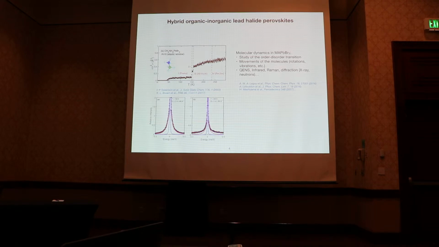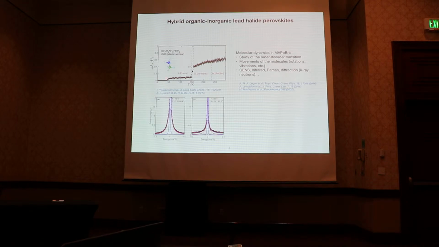So many experimental and theoretical works have been devoted to understanding the molecular dynamics in this system. For example, in the bromine compound, quasi-elastic neutron scattering has shown that the molecular dynamics follows a sequence with two steps.